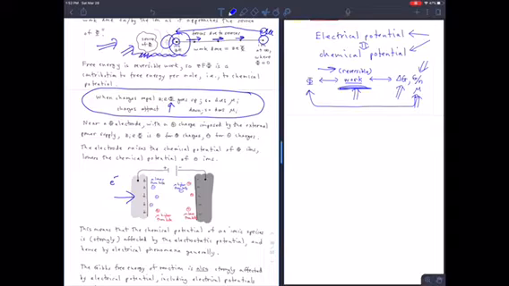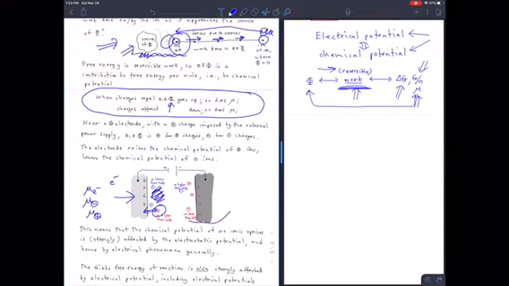Because they have negative charges. Negative ions are also going to be attracted. So the chemical potential for the electrons, the chemical potential for negative ions is going to be lower in this region near the positive electrode. On the other hand, a positive charge, the chemical potential for a positive charge is going to be higher because it's repelled by this positive electrode.